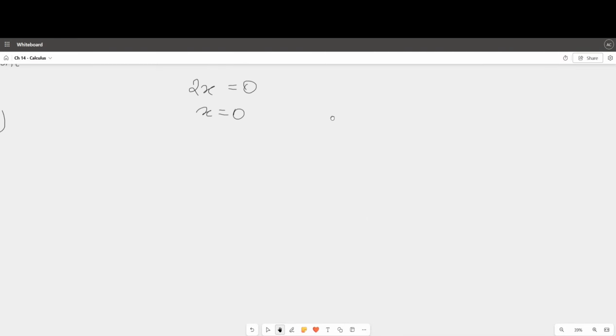Okay, now there's also something called dx by dt. Right, what this means is that this is the derivative of x with respect to time. So t here represents time, and this is basically the rate of change of x.